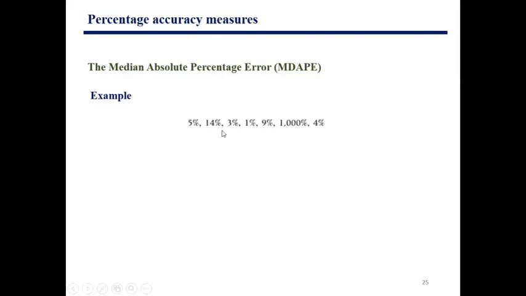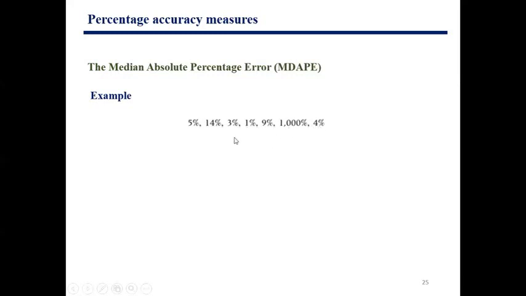Here, I took the same example given in the book. So you can see here are the different absolute percentage errors calculated in a sample of 7 weeks. Here we have 7 values: 5%, 40%, 14%, 3, 1, 9, and 1,004.